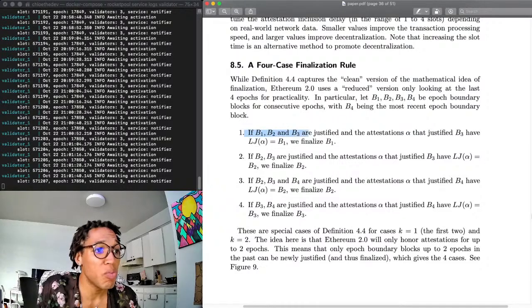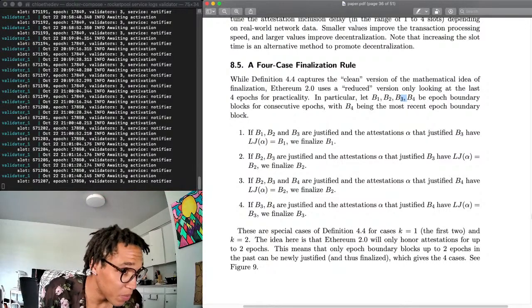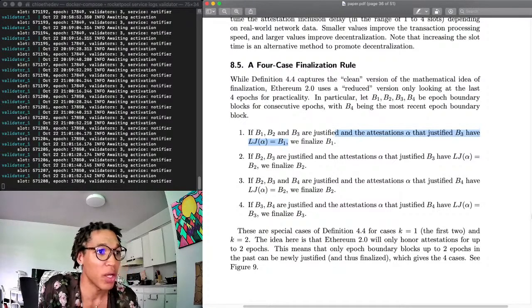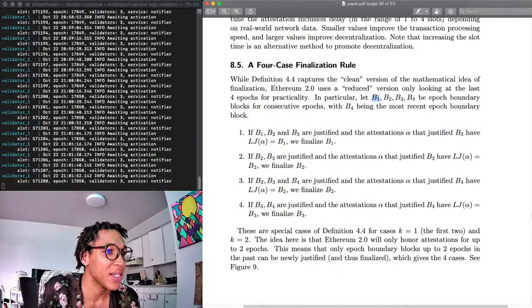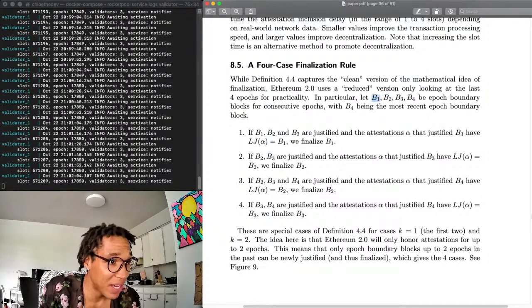If B1, B2, and B3 are justified, and the attestations that justified B3 have also justified B1, we finalize B1. So what it's saying is, if the same nodes that justified B3 have also justified B1, so they're the same chain, then B1 is finalized.